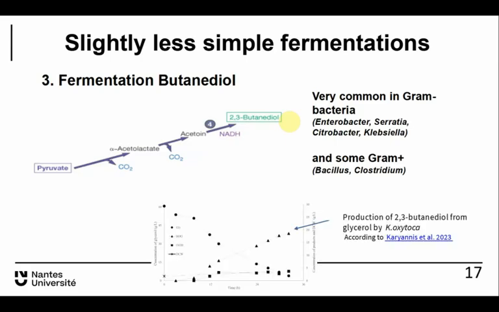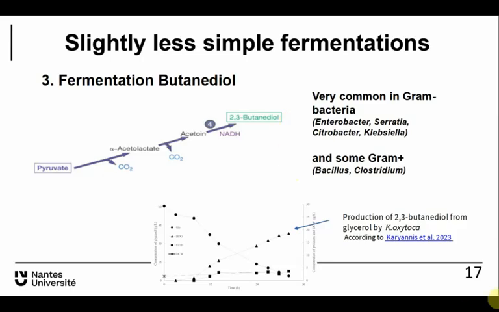Industrially, though, this used to be an important industrial process because butanediol was a starting compound for the synthesis of artificial rubber. But it's generally been replaced by petrochemicals.